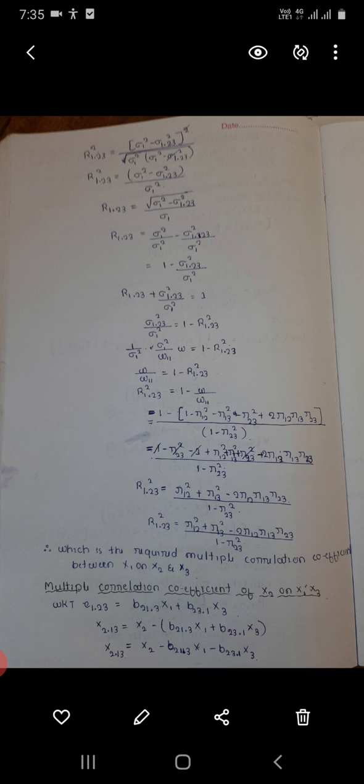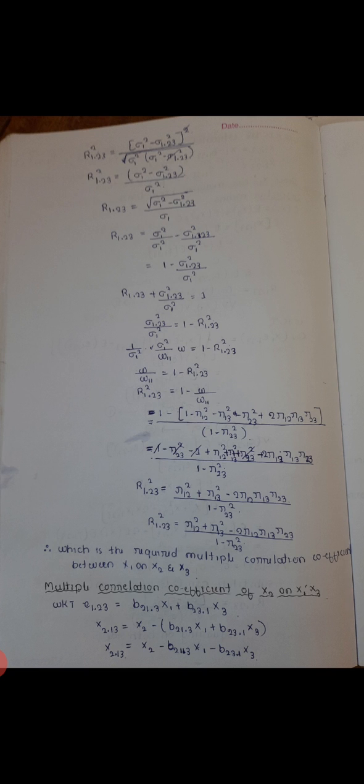On simplification, R12 square plus R13 square minus 2 times R12 R13 R23 divided by 1 minus R23 square. Therefore, R1.23 square is equal to R12 square plus R13 square minus 2 times R12 R13 R23 divided by 1 minus R23 square, which is the required multiple correlation coefficient between x1 and x2 and x3.